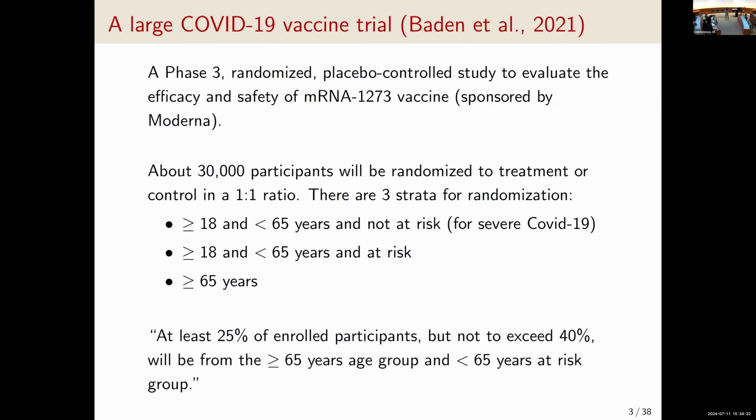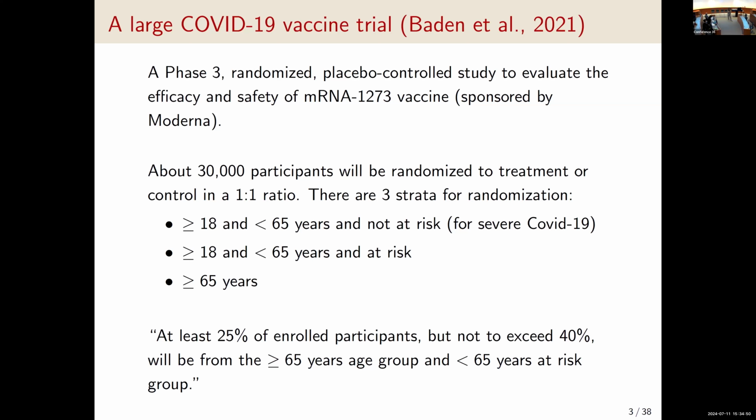In their protocol, they wrote that at least 25% of enrolled participants, not to exceed 40%, will be from the greater than or equal to 65 years age group and the smaller than 65 years at-risk group. But they didn't really mention the reason behind those choices.